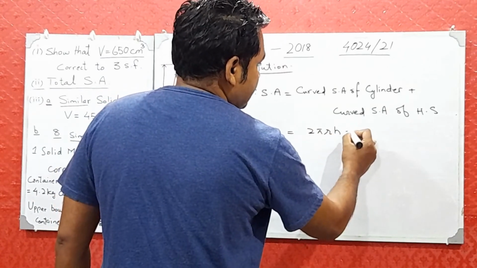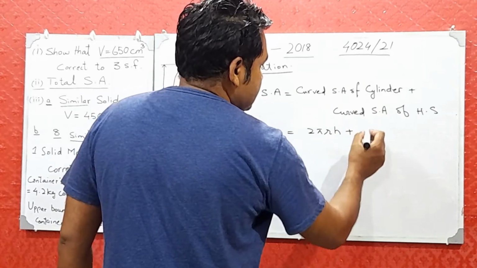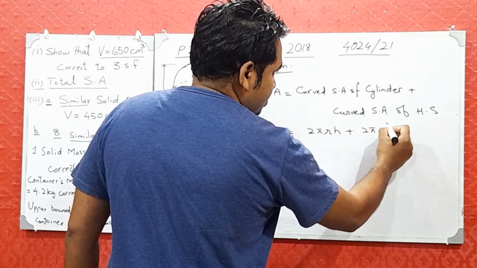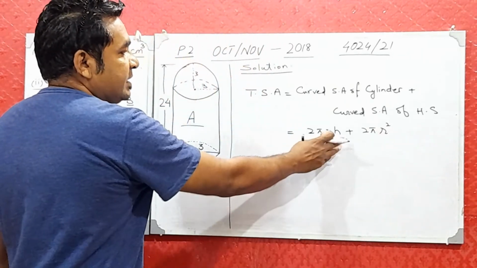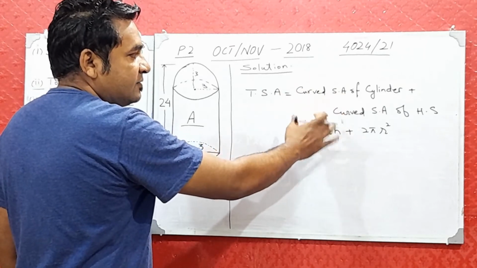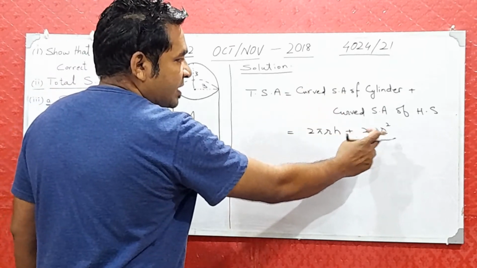And what is the curved surface area of a hemisphere? That is 2 pi r squared. So 2 pi r h is the curved surface area of the cylinder, and the curved surface area of the hemisphere is equal to 2 pi r squared.